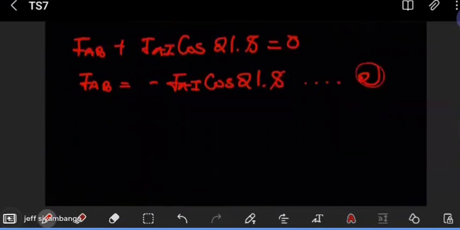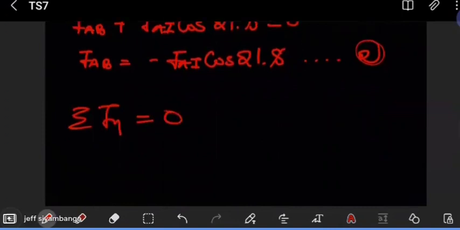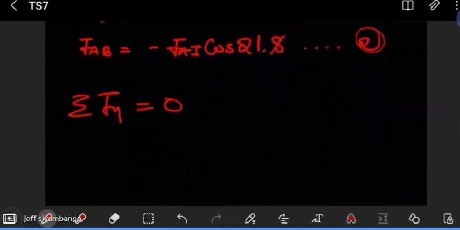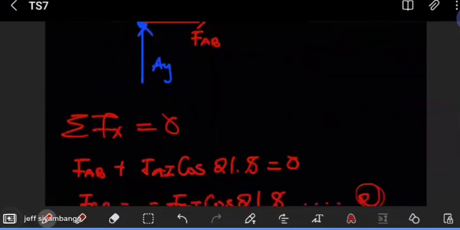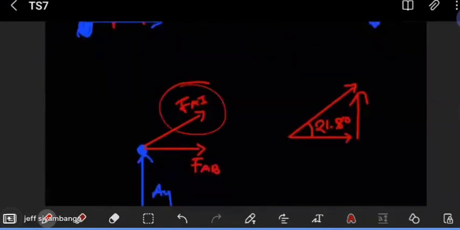Then when we sum in the y-axis, in this case, we see that we have AY going up. Then also going up, we've got the y component of FAI. So this will be plus FAI sine 21.8.